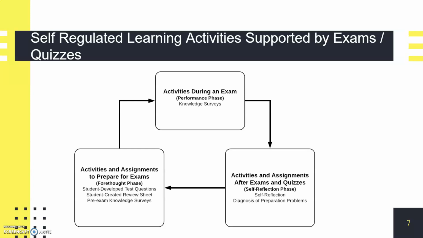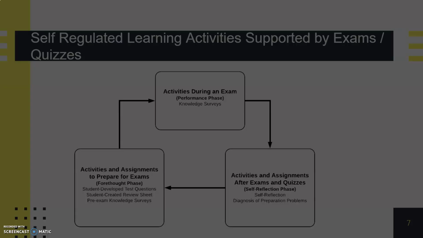So these are activities and assignments to prepare for exams. When you are performing an exam, you are in a sense conducting a knowledge survey. And after an exam, you are in the self-reflection phase, and you will obviously do self-reflection and attempt to diagnose the preparation problems that were identified during your performance.